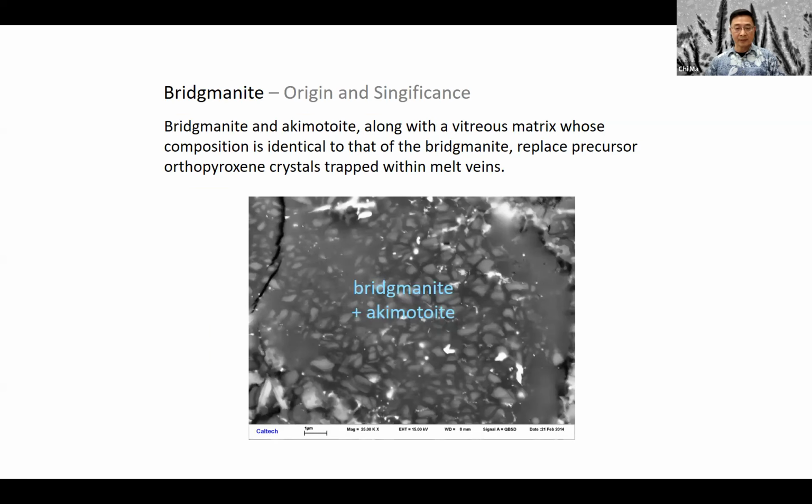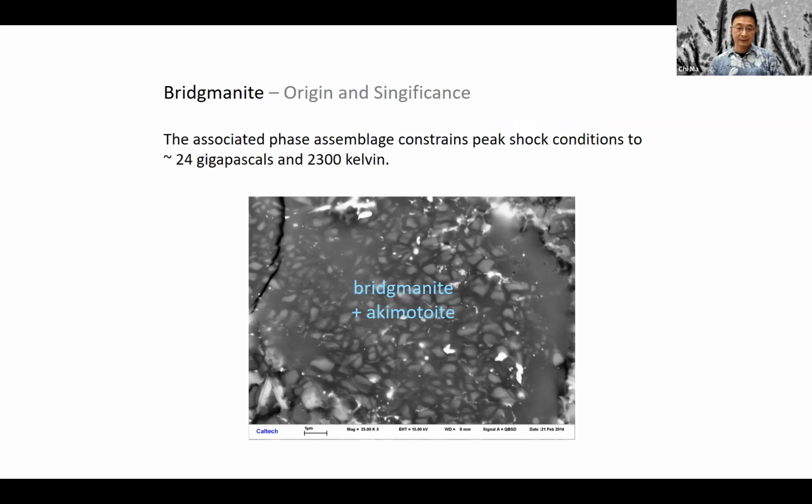So bridgmanite and akimotoite here replace the precursor pyroxene crystals trapped within the melt vein. The associated phase assemblage constrains the peak shock conditions to 24 GPa and 2300 Kelvin.